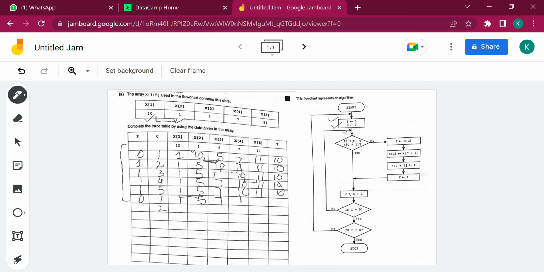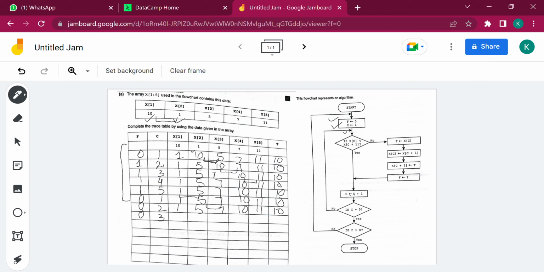It's not going to make any changes to the array. Is c equal to 5? No. Again we are here. Now again we are comparing the next two values, 5 and 7, and the counter will simply be updated to the next value. The rest of the values will remain as they are. So far our flag is 0. It's not being changed because no swapping has occurred till now.